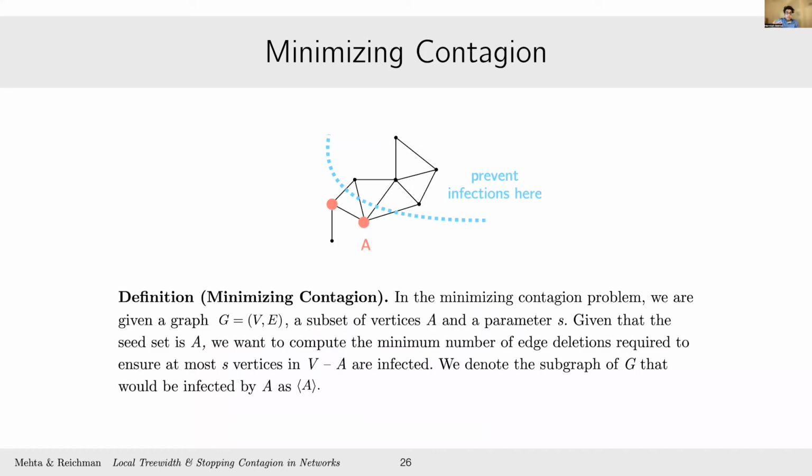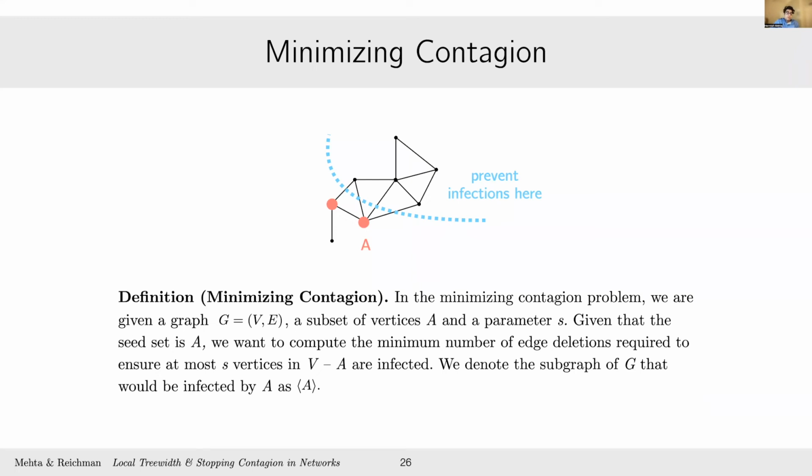Given a contagious process that evolves via R-neighbor bootstrap percolation, we now introduce the minimizing contagion problem. We're given a graph, a seed set A from which the infection starts, and a parameter S. We want to figure out the minimum number of edge deletions required to ensure at most S vertices in V minus A are infected.